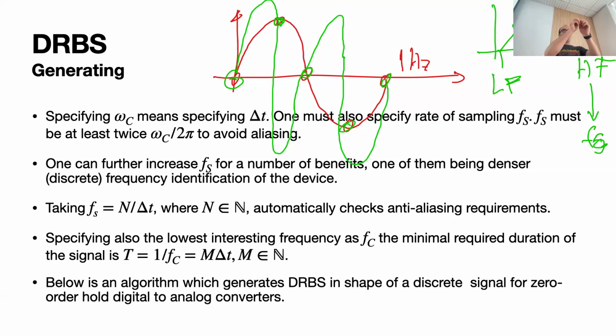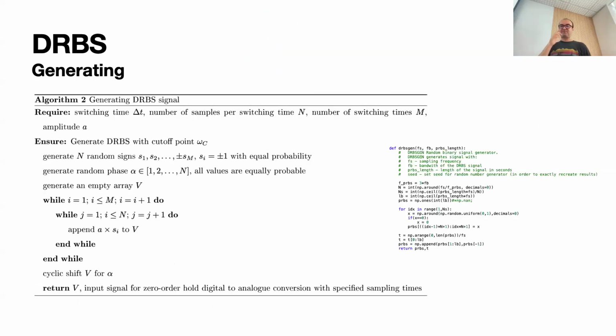So when we generate our PRBS, discrete random binary signal, we have to determine the bandwidth. The bandwidth determines the sampling frequency, and the lowest frequency that we would like to estimate determines the duration. And again, what a lot of stuff. We're going step by step now through each and every point of this with Python and a lot of images.